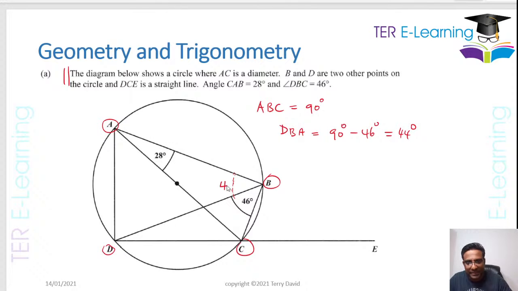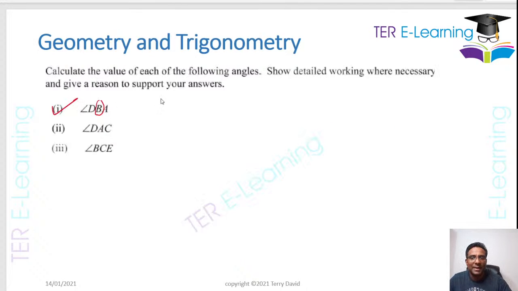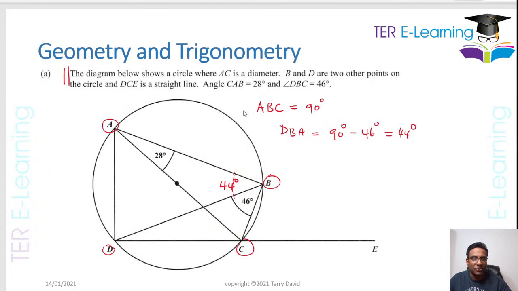So this here is 44 degrees. So you're going to put it on the diagram so it'll help you work out the question, right? So that's my answer for part 1. And please, these questions typically go for like 2 marks, and they want the answer and they want the reason. So the reason that we use there is that the angle in a semicircle is 90 degrees, right? That's my reason. That's what I'm telling them. So if ABC is 90 degrees, then DBA is simply 90 minus 46 degrees, right?